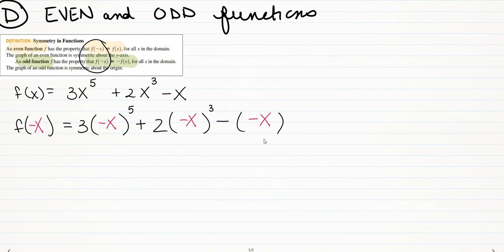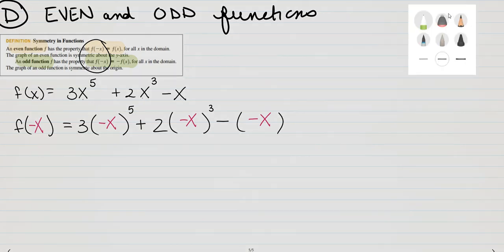If I wrote that f and then left this as an empty parenthesis equals 3 empty parenthesis to the fifth plus 2 empty parenthesis to the third minus empty parenthesis. What I've done is I've just replaced each of these 3 x's with an empty parenthesis.